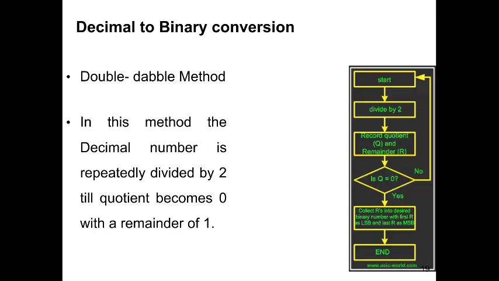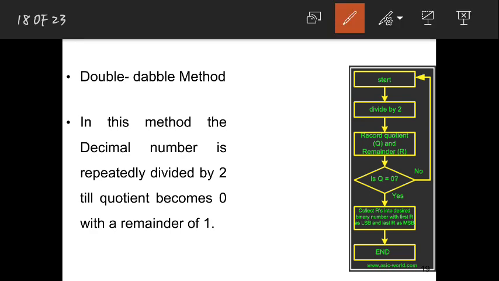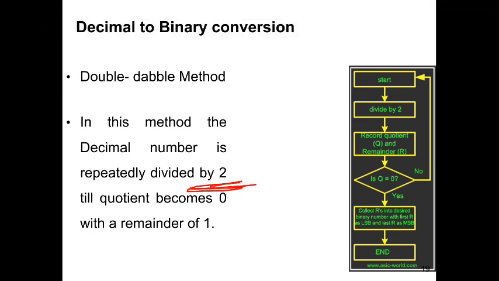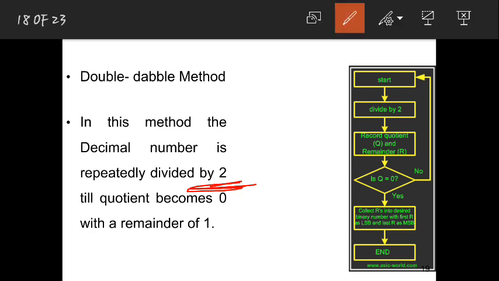So we will just see how that is done. See, in this method there is a flow chart here. In this method the decimal number is repeatedly divided by 2 till the quotient becomes 0 with remainder 1. So this is very simple. We are converting from decimal to binary, right?